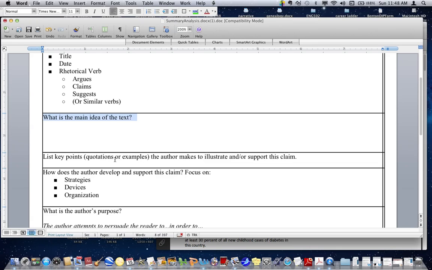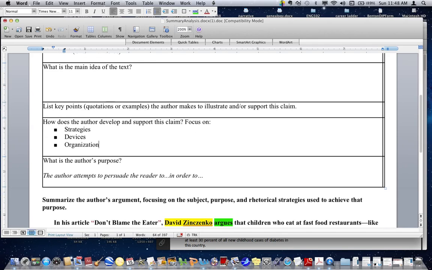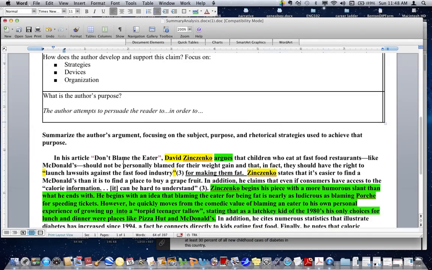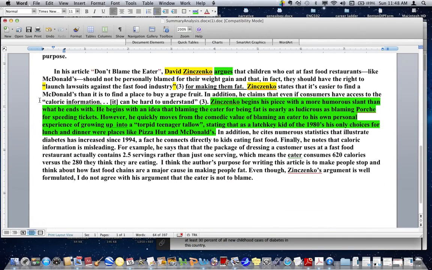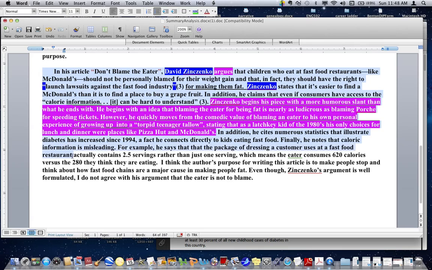Remember, we always give credit to another author's words. They've spent a lot of time writing, they are published, they need respect for what they have completed. We must give them that. How does the author develop? We think about the strategies, the devices, how it was organized, and then finally the purpose. So in your summary analysis, each one of those pieces will unfold in one paragraph.